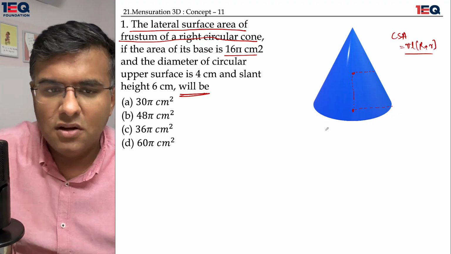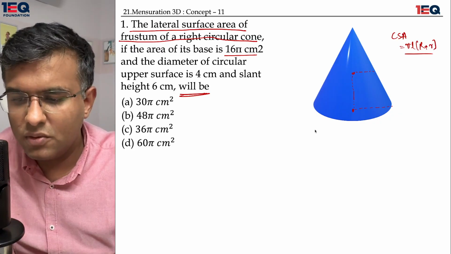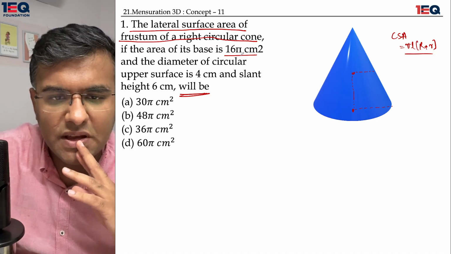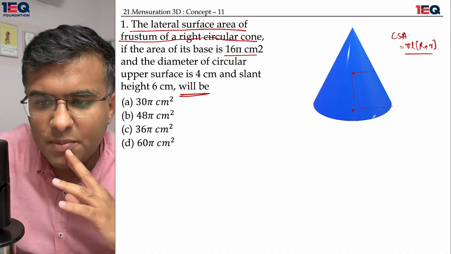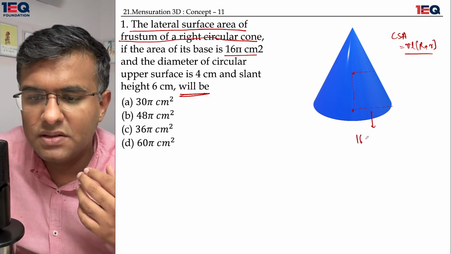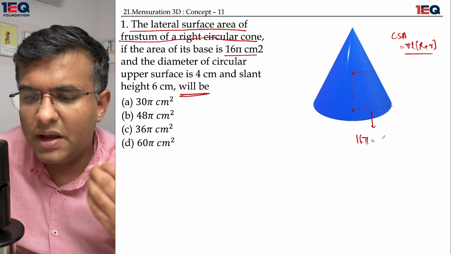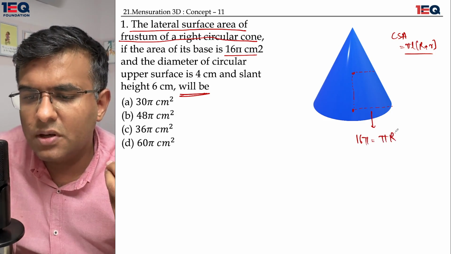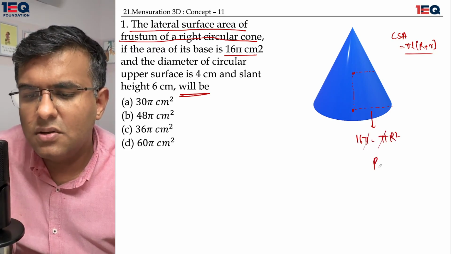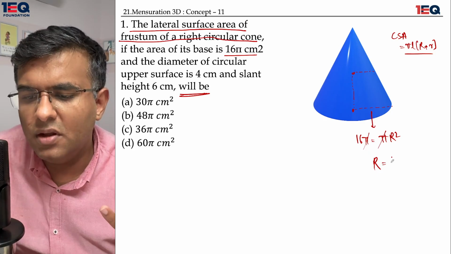This is the formula that I'm going to use. Further, it says the area of its base is 16 pi. That means the flat surface on which it is kept is 16 pi. 16 pi is equal to pi capital R square. The pi and the pi get cancelled, so the value of capital R comes out to be 4.